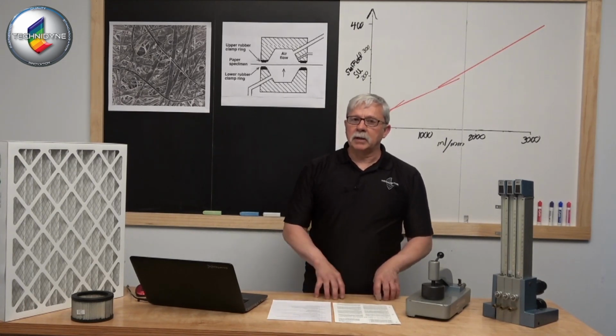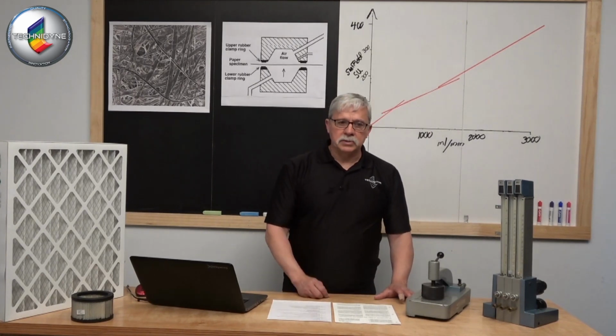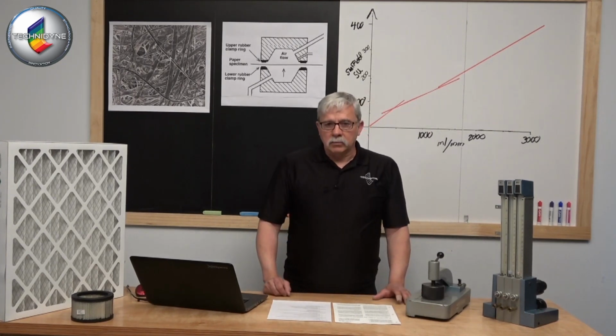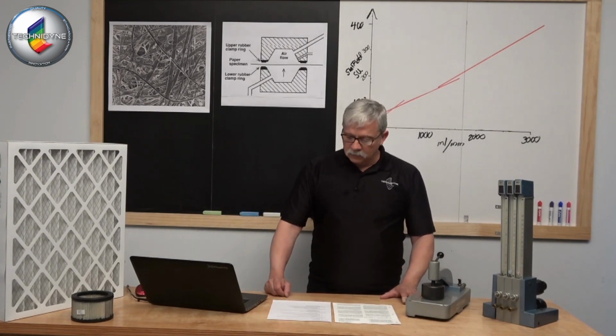So you have to keep that in mind when you're looking at or comparing results. If customers are giving you some results, make sure you understand what orifice diameter they were testing under at the time they gave you those results.